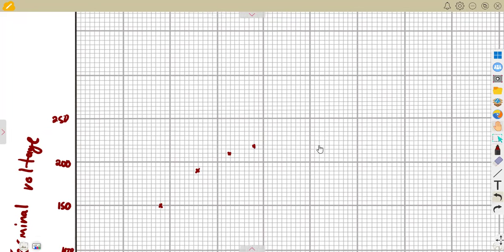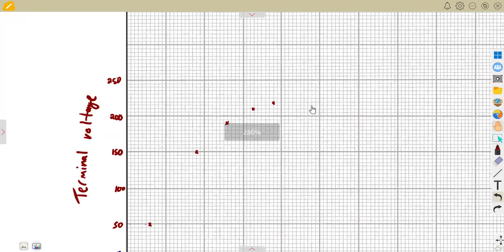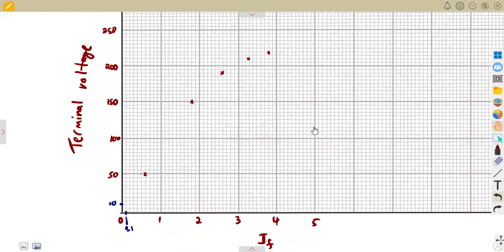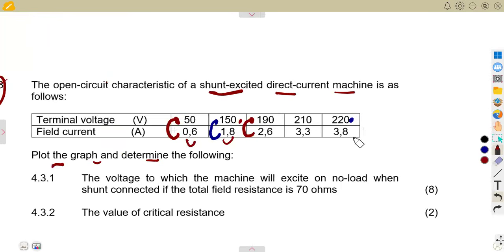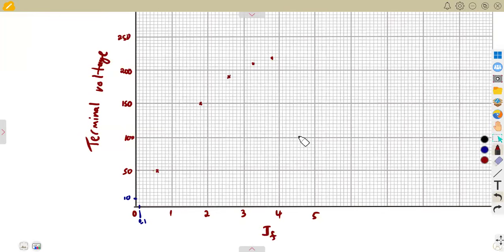The points are going to be close, the way that they are, but that is what you're going to have. So make sure you mark these points up to the last one. Up to the last point, we have marked our points. Then we join these points smoothly.